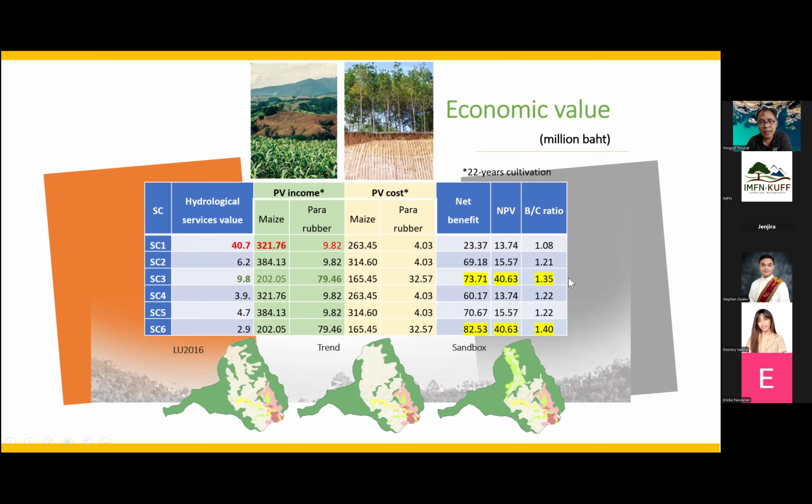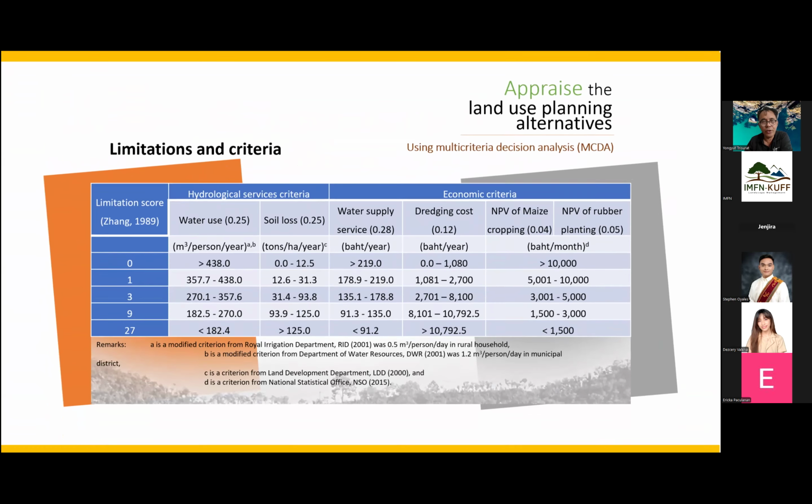The results show that scenario three, the integrated land use practice, is best. So not only forest conservation, but also the rubber plantation can generate the highest economic return, either without climate change or with climate change in the future.